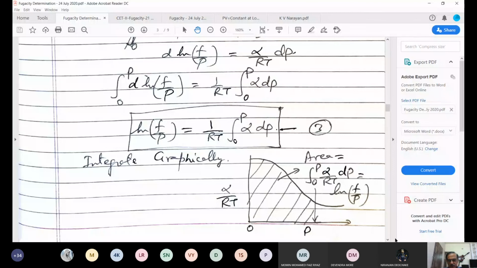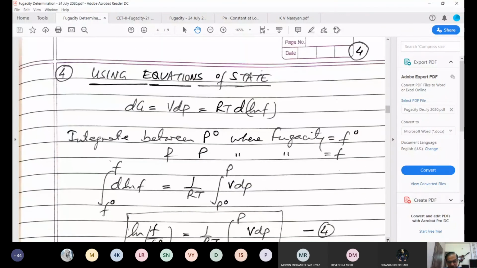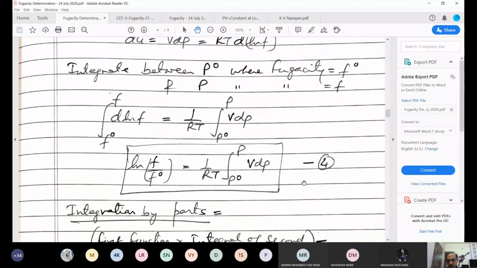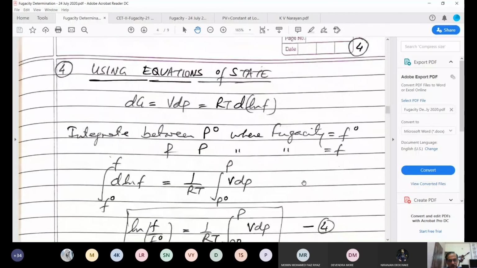So there are many methods of finding the fugacity. Next one is using equations of state. This will be a long one, so I will take it next time. This is going to take time. So we have seen three methods. This is the fourth one, and I think there is one more after this.